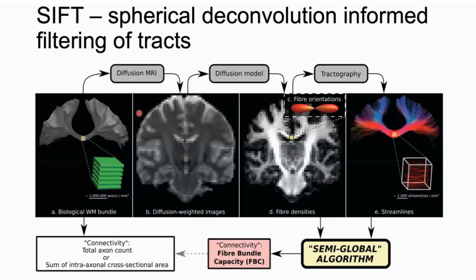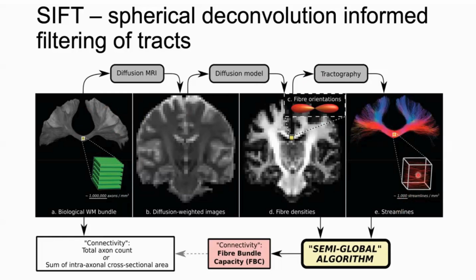And diffusion MRI tries to get an approximate picture of that, using a diffusion model, and then you get the fiber orientation. Remember, this amplitude is what we are going to try and take advantage of as a proxy for quantification. But then you use these FODs to then do the streamlines. So these are the reconstructed streamlines of this fiber bundle, the biological bundle.